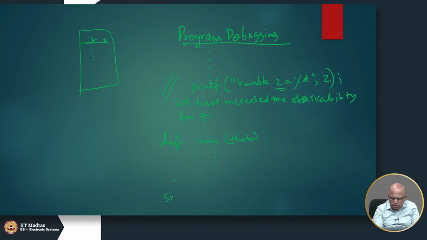And sin theta is called somewhere here. This x is being passed on as theta. This x itself comes from some other complicated function, get angle. So, it is like having get angle gets me x and that goes to sin.